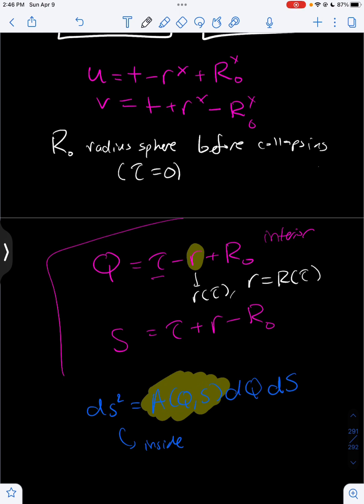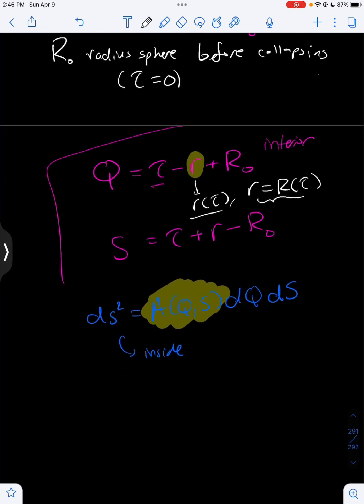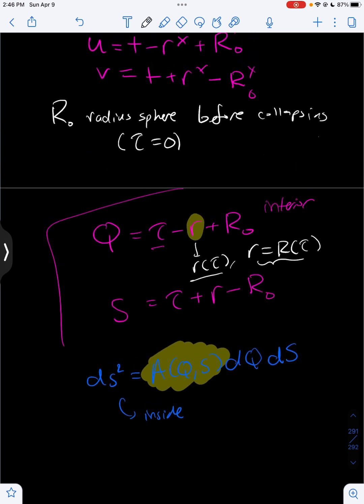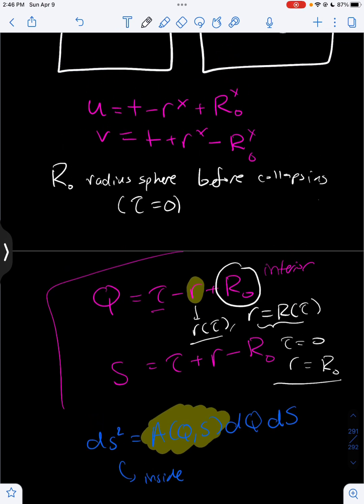I think writing it as r of tau is a bit more natural, but we'll just use this notation for now. So r is a function of proper time, and at tau equals 0, r equals r naught. So this is the radius of the sphere before the collapse begins at tau equals 0.